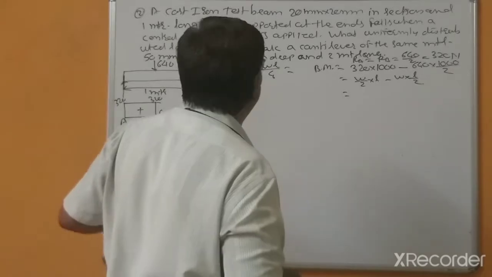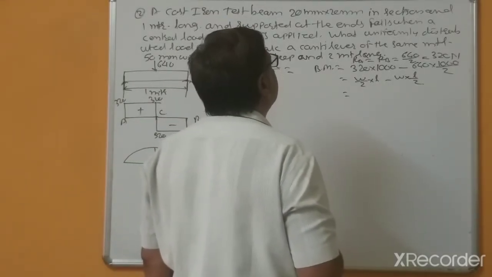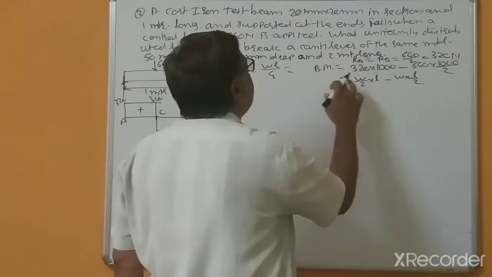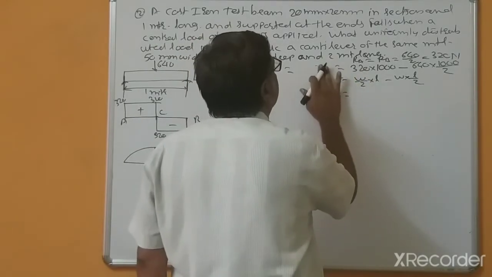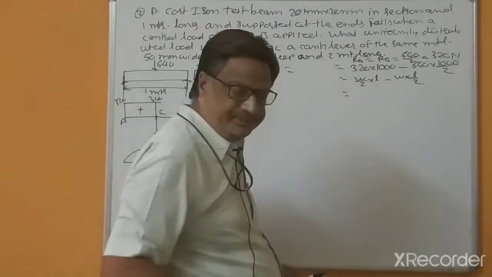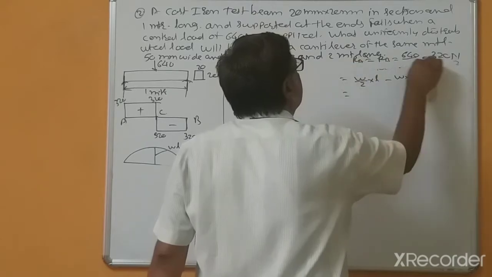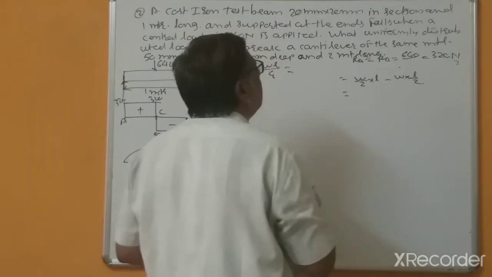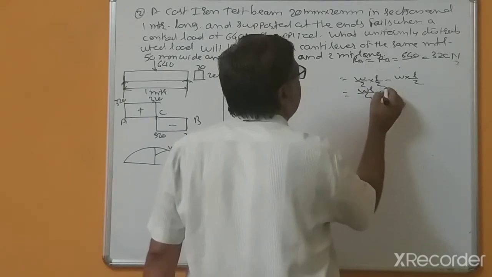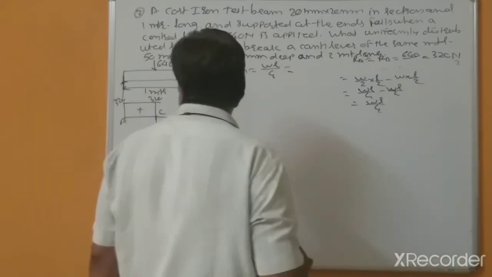So this is not the maximum bending moment, and this is for moment: W by 2 and L by 2. So WL by 4 minus, so this is equal to WL by 4.